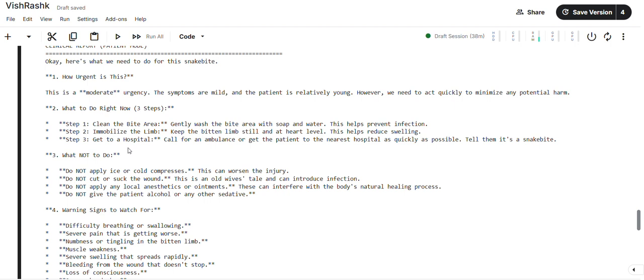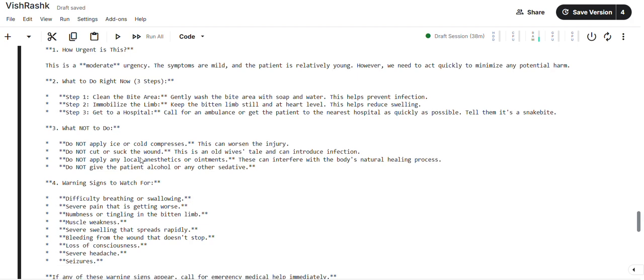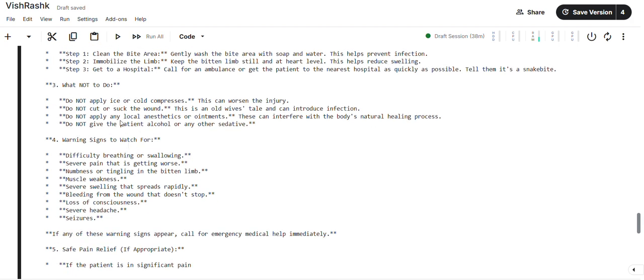Suppose a village person uses this to upload and know what to do right now. It is telling the village person no medical things, just basic things we need to do: clean the area, immobilize, and of course it is also telling them what not to do, which are mostly things people in India do in villages when they get bitten by a snake, leading to death, long-term injury and loss.